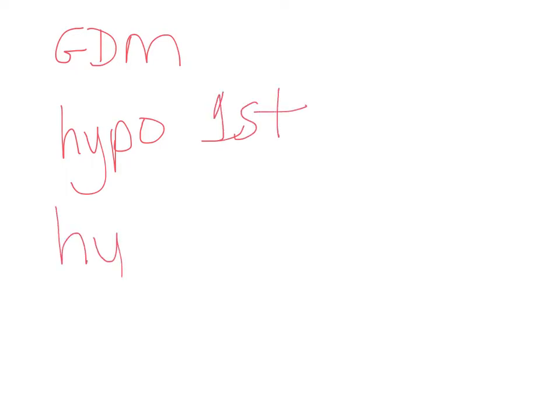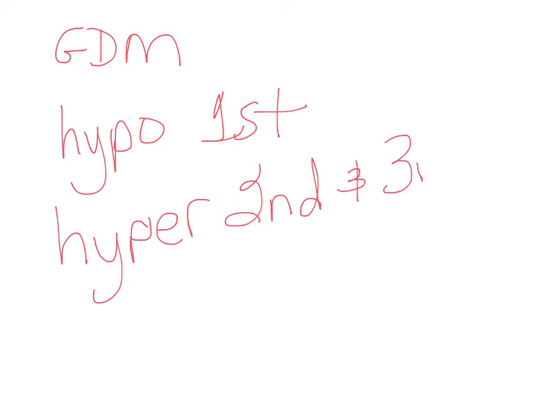And then in the second and third trimester, they become hyperglycemic, so their insulin needs become increased. Even though the insulin does not cross the placenta, around the 10th week of gestation, the baby begins to secrete its own insulin.